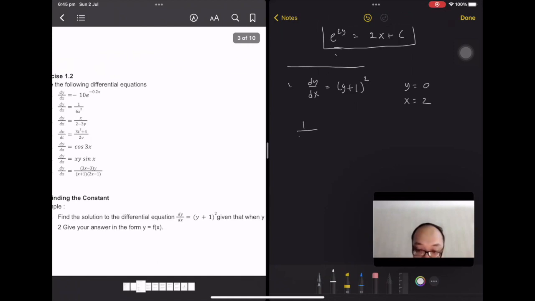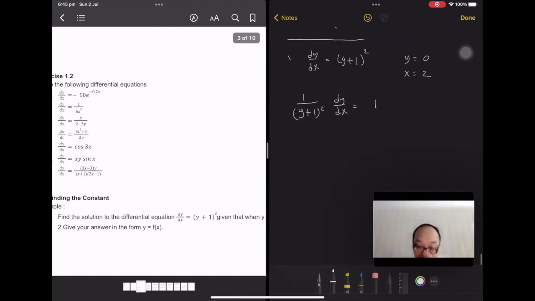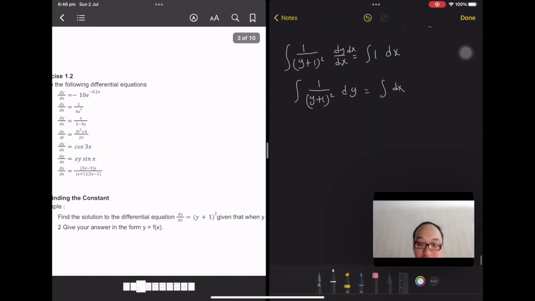It becomes 1 over (y plus 1) squared dy/dx equals 1. Then integrate both sides with respect to x, which leads to the integral of 1 over (y plus 1) squared dy equals the integral of dx. So this equals negative 1 over (y plus 1) equals x plus c.